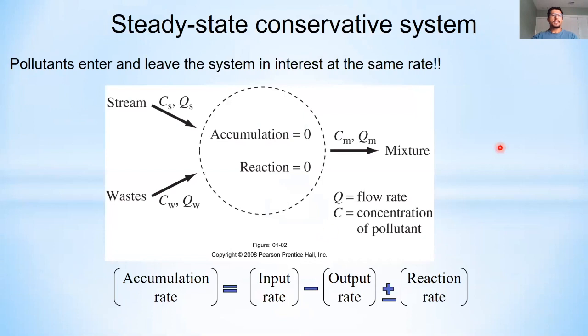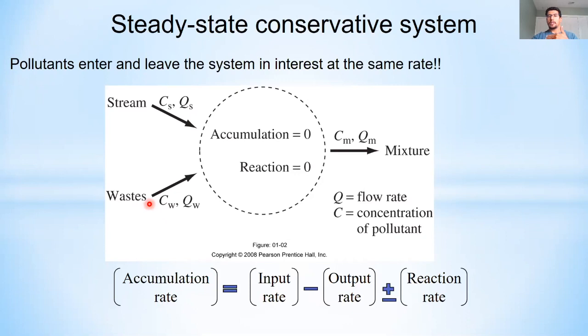Okay, so for the steady state conservative system, as we talked, the accumulation is zero since it is steady state, and the reaction equals zero. So we're going to write down the equation. We have the control volume and a stream, such as a river, for example. We have the concentration of this substance and the flow rate of the stream.